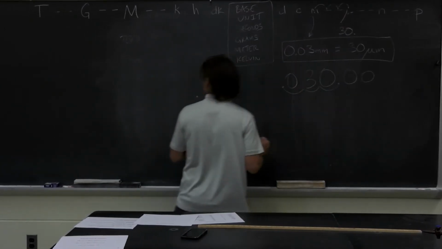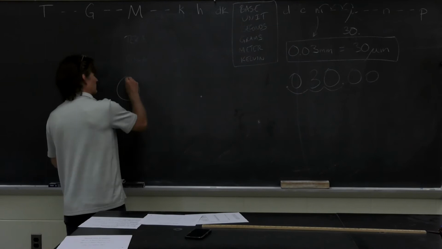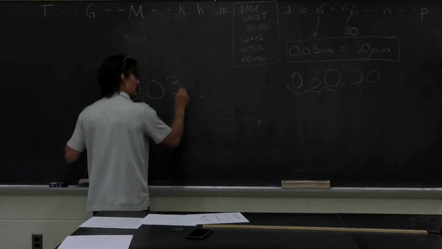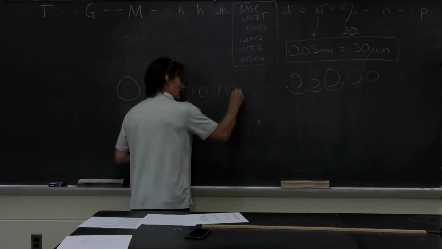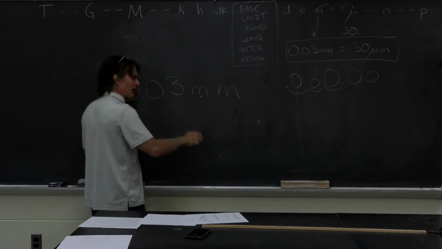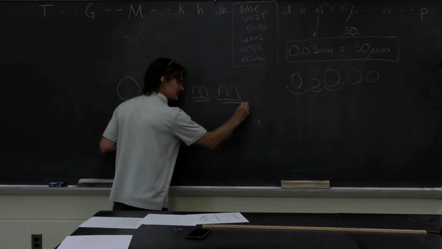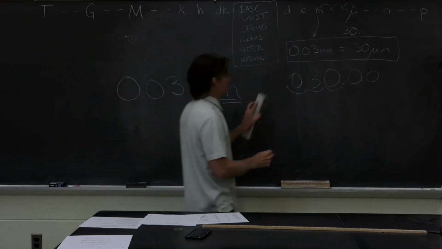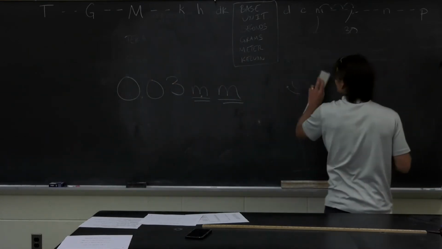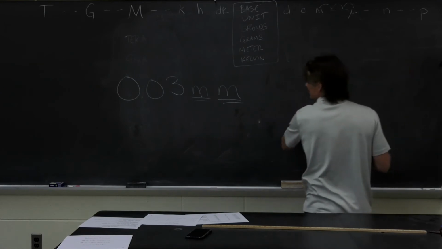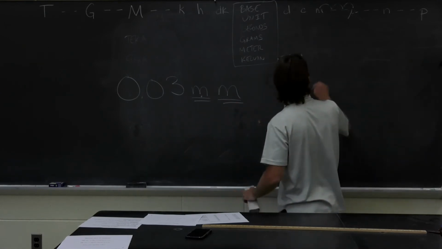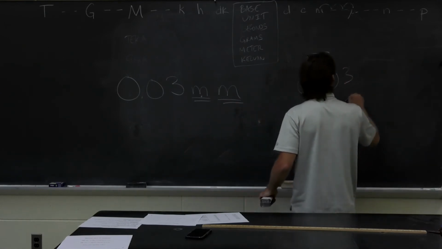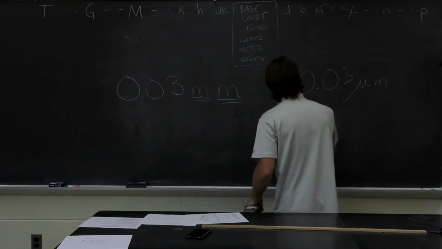When I see a unit, let me write this just a little bit bigger. When I see something like 0.03 mm, I want you to think about what these letters mean. Very important to do so. Let me show you why. You might see this.